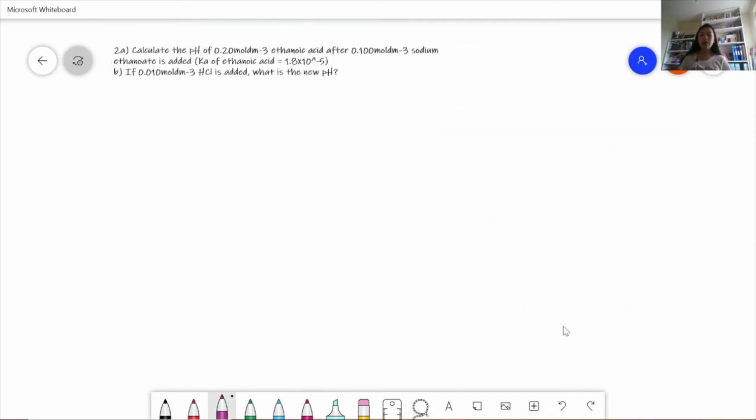4.44. So for part B, if 0.01 moles per decimeters cubed of hydrochloric acid is added, what is the new pH? So now I have to think about what happens when we add an acid to an acidic buffer. So what happens is that the H+ ions which are added, so they come from this HCl, they react with the ethanoate ions, so the CH3COO- ions.